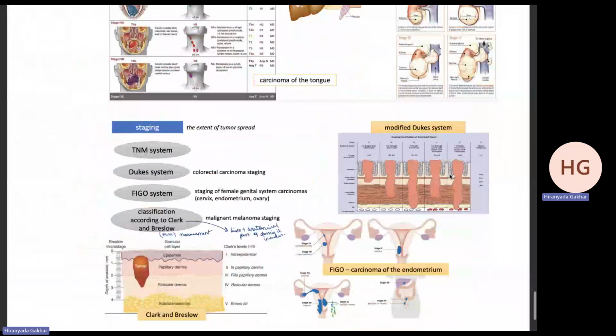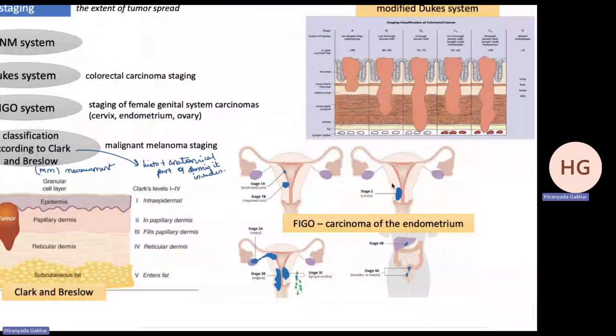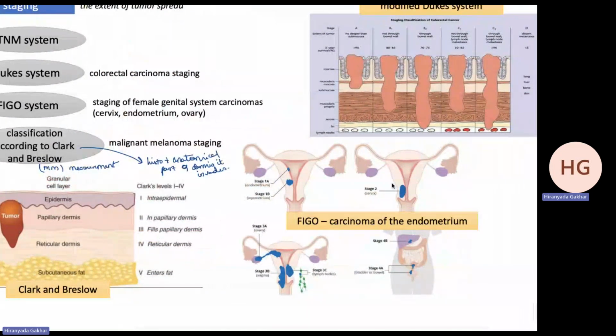Another example is over here, the FIGO classification of carcinoma of the endometrium. The FIGO system is usually used for staging of female genital system carcinomas. And you can see here that we say that it's stage 1 when it is in the endometrium or the myometrium, stage 2 when it has spread to the cervix, stage 3 when there is involvement of the vagina, the ovary, and the regional lymph nodes.